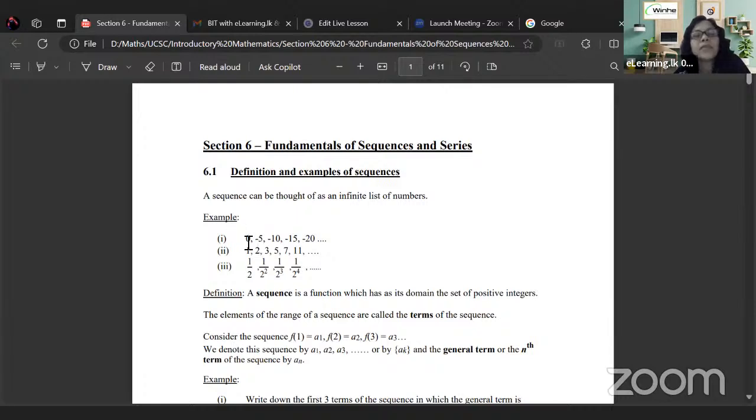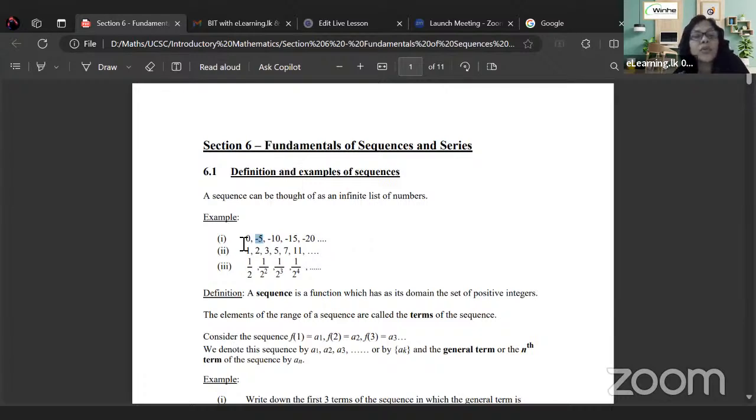Each element of the sequence we call a term. For example, consider the first sequence 0, -5, -10, -15, -20. Each number is a term.